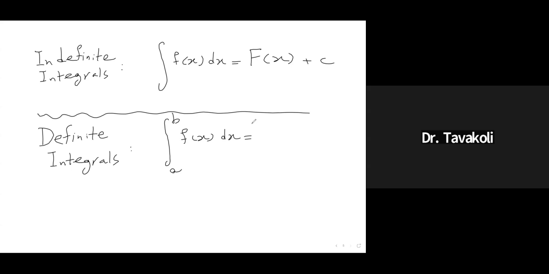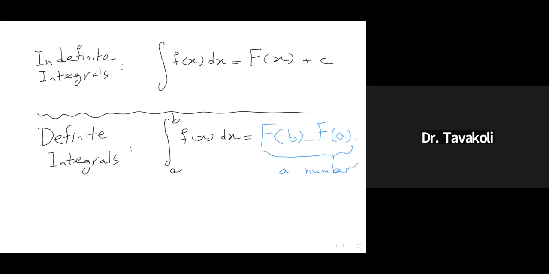As you know, we find one antiderivative of lowercase f, like capital F of x, and evaluate that at the upper limit of the integral. Then from that, subtract that capital F at the lower limit of the integral. And that gives me a number. So from a to b, we have an interval. And when we do this definite integral, we get a number at the end.